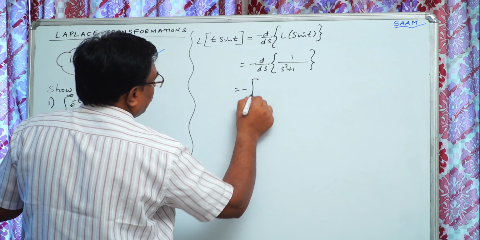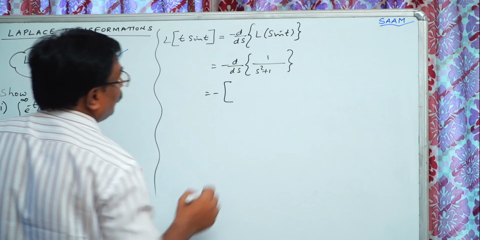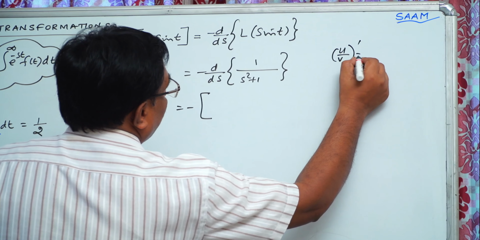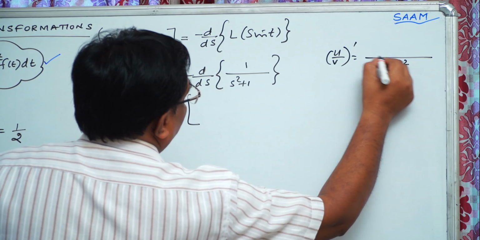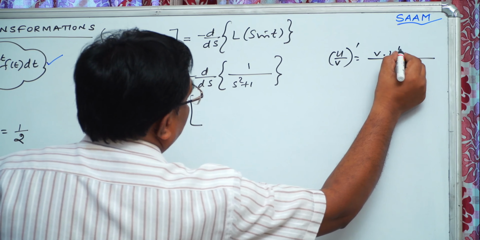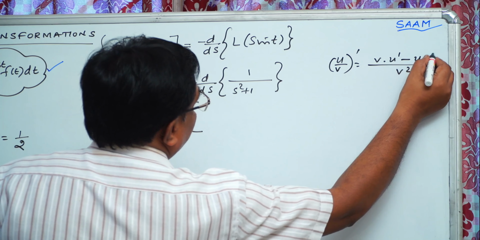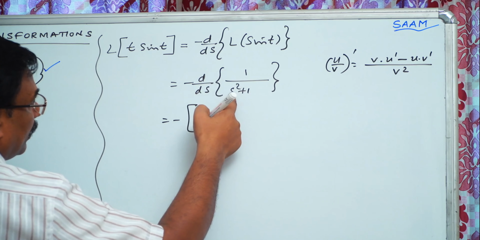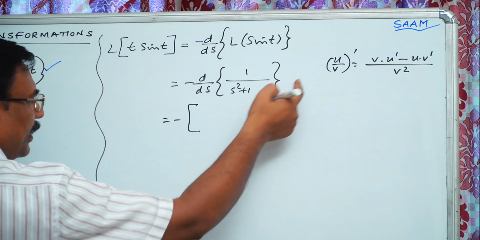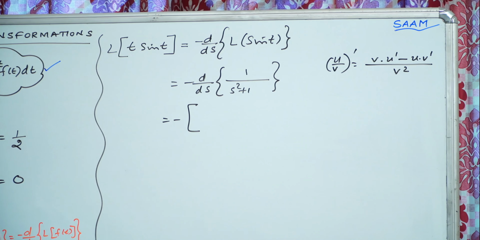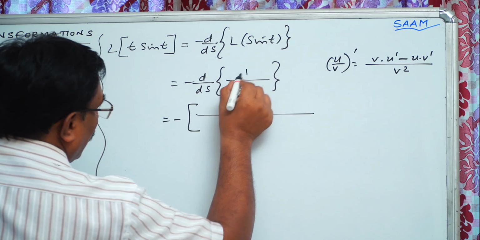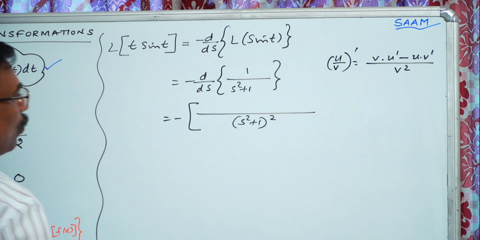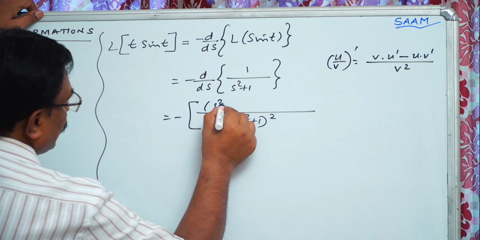And again, you know the derivative of u by v: it is v square in the denominator, and v into u dash minus u into v dash in the numerator. Here u is 1 and v is s square plus 1. So here s square plus 1 whole square, and here s square plus 1.